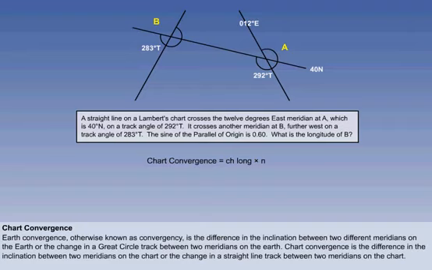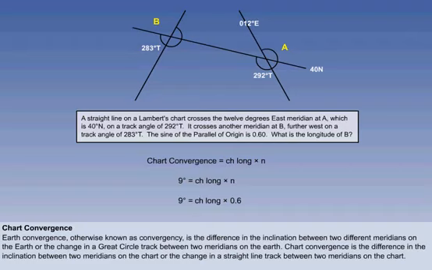Once we've got the diagram, write the equation down. Chart convergence equals change of longitude times sine parallel of origin. We know the chart convergence. The track changes from 292 degrees to 283 degrees. That's a change of 9 degrees.